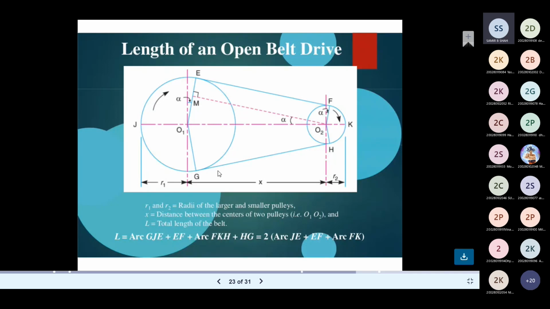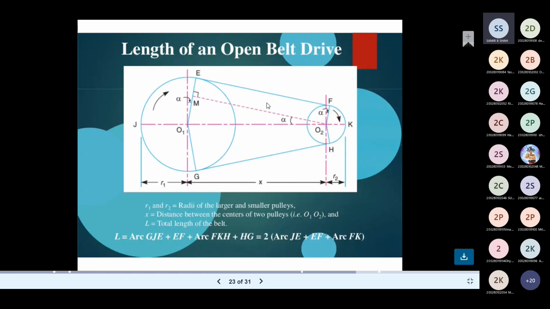But we know that arc JE and this one are equal, right? So in place of writing the whole arc, we can write arc JE two times.